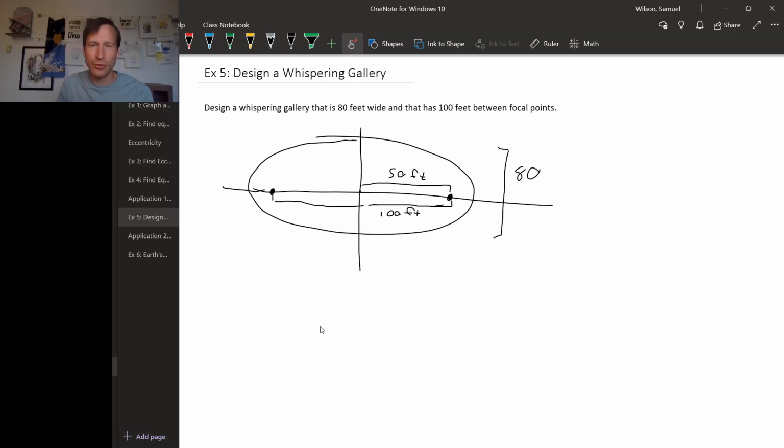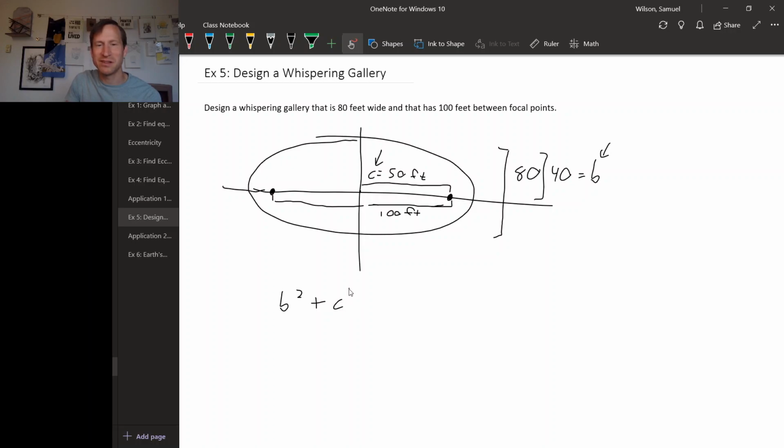Okay, so let's see what to do. Well, we know C is 50, and the vertical width of this ellipse is 80 all the way across, so halfway across is 40 feet, and that's B. So now, once you know two of A, B, and C, you can always find the third one because in an ellipse, A, B, and C have a Pythagorean relationship.